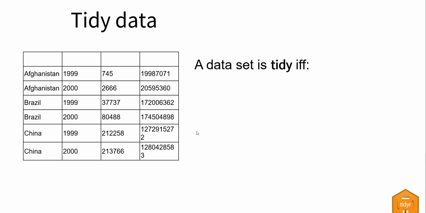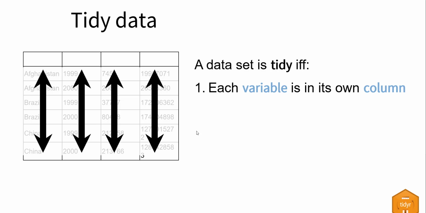The properties of tidy data: data is tidy if and only if each variable has its own column. Means if the variables include country name, years, dependent variable, independent variable, control variables, each variable should be represented in its own column.